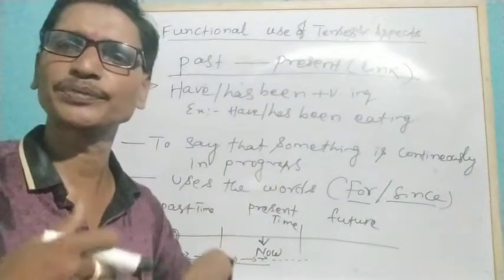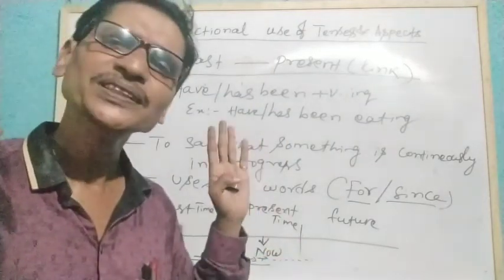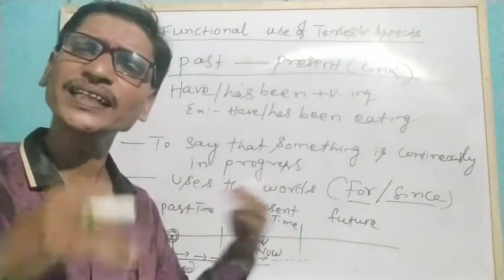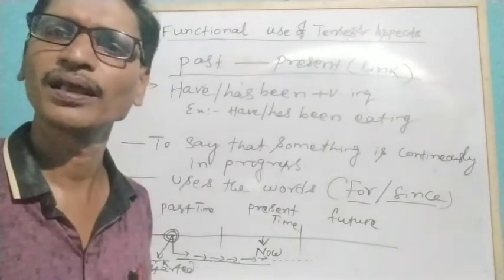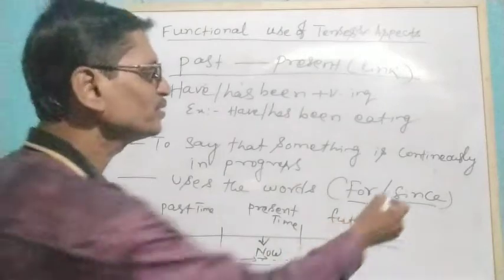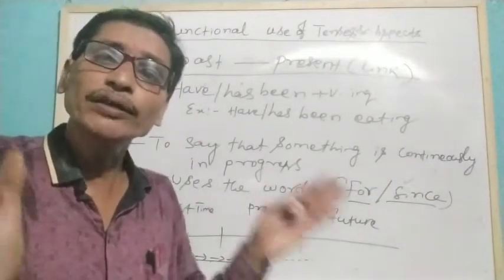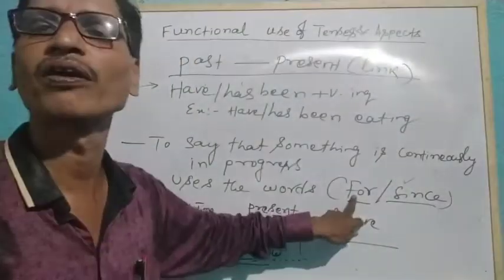My teacher has been teaching English for 10 years. My teacher has been teaching English since 2000. Okay, so when we are talking about the starting point, we use since. When we are talking about the duration or the period of time, we use for.